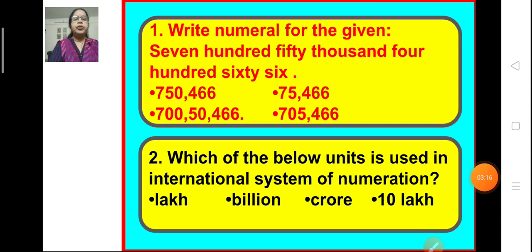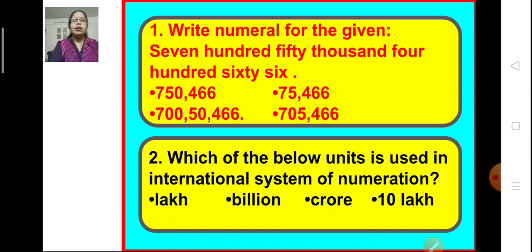Here we have a few questions which are based on the Indian and international system of numeration. So what is the first one? Here a number name is given, that is 750,466. Okay, so we have to write the numeral for this. So 750,000, it comes in which system of numeration?